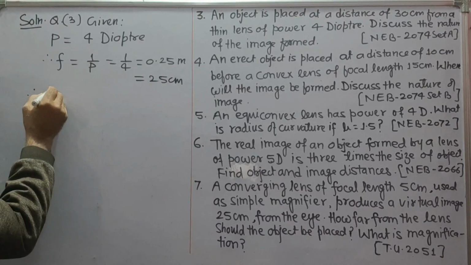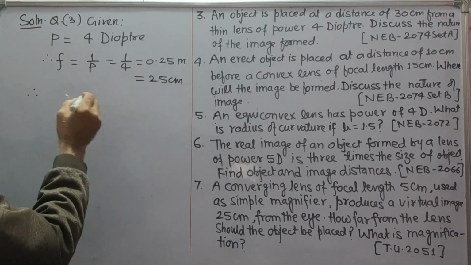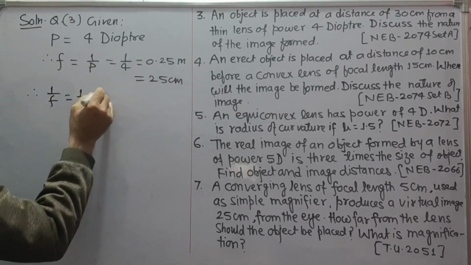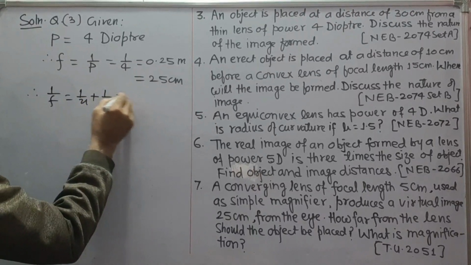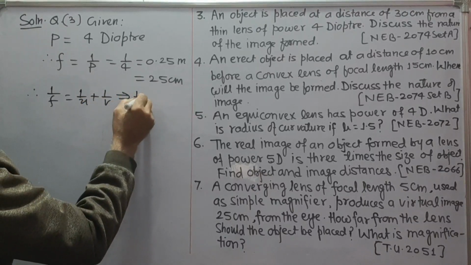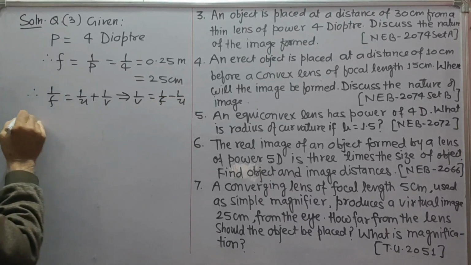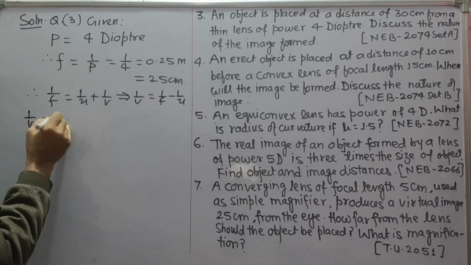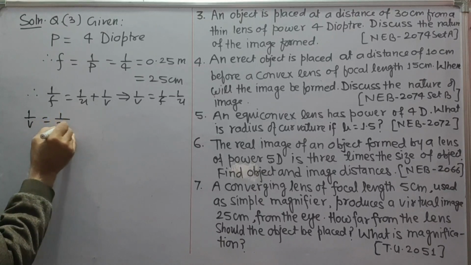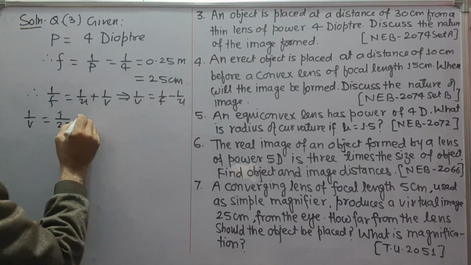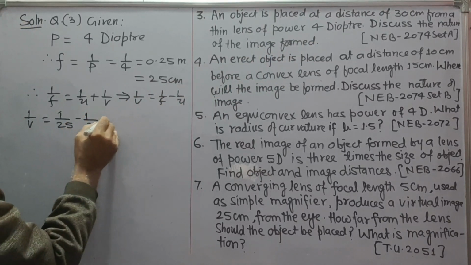Therefore, 1 upon f is equal to 1 upon u plus 1 upon v, which gives 1 upon v is equal to 1 upon f minus 1 upon u. 1 upon v is equal to 1 upon 25 minus 1 upon 30, where u is 30 cm.